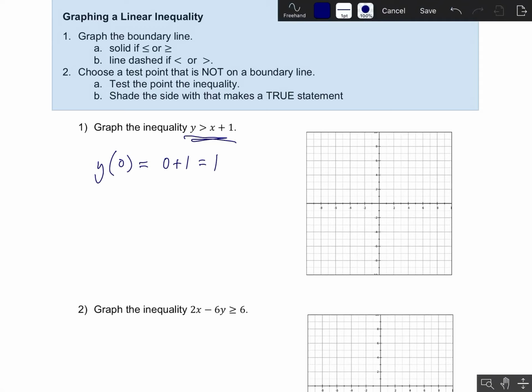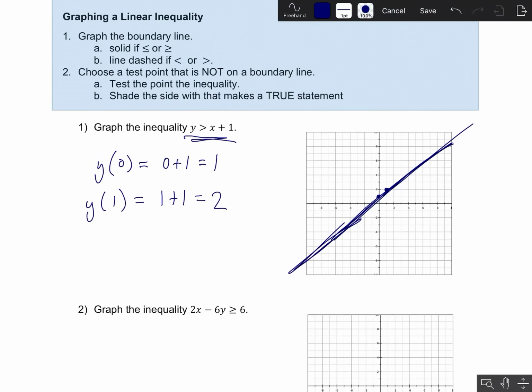That would be 0 plus 1, which equals 1. So that means that the point (0, 1) belongs on our graph. We can figure out the y value whenever the x value is 1. That would be 1 plus 1, which is 2. So (1, 2) belongs on our graph. And now that we have 2 points, those 2 points uniquely determine a line. So the line that we're looking at will be this line.